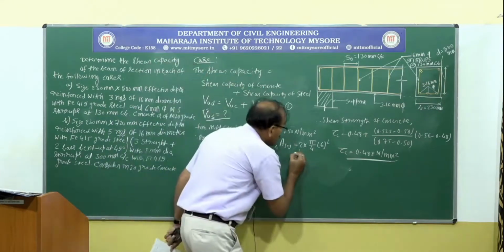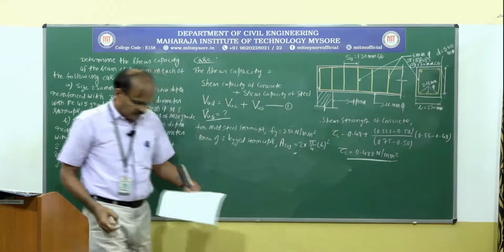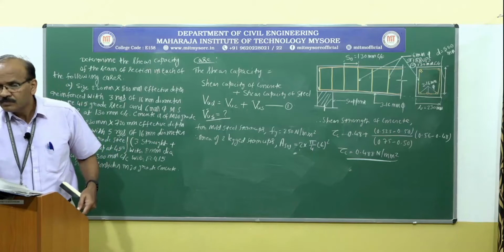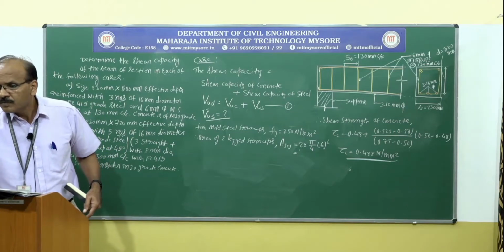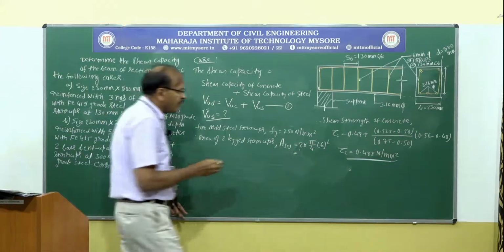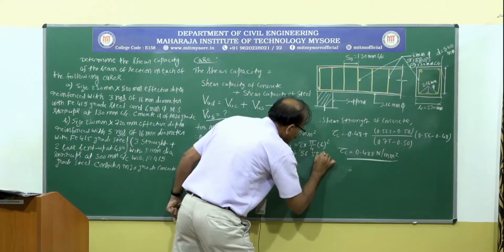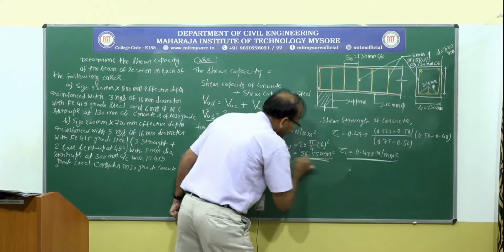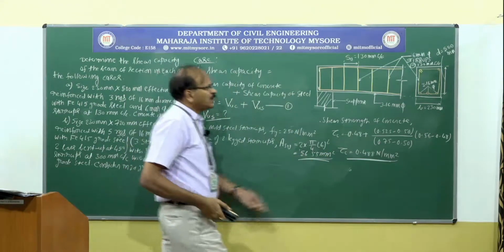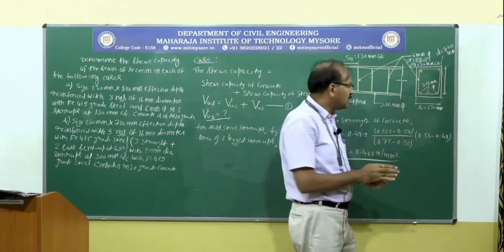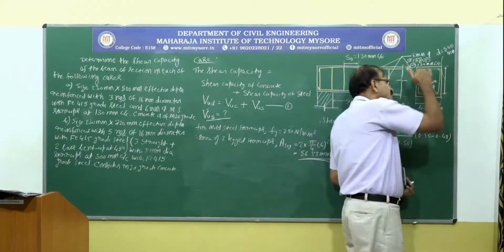So, the area is 56.55 millimeter square. See, whenever shear acts like this, due to complementary shear, the shear will also act in this direction.